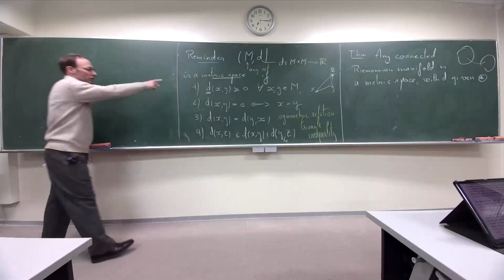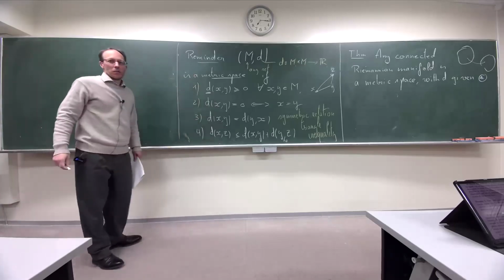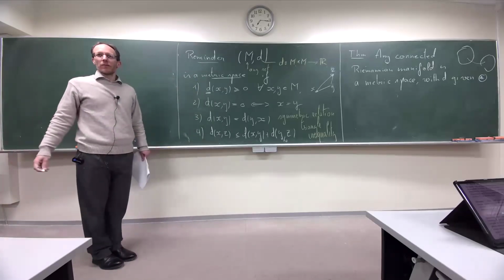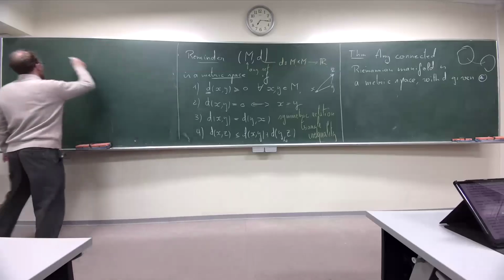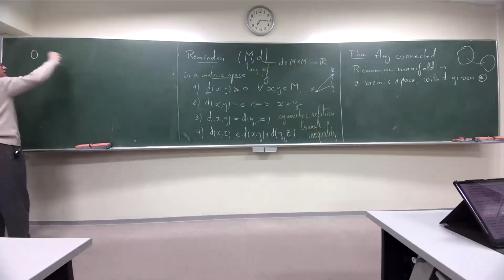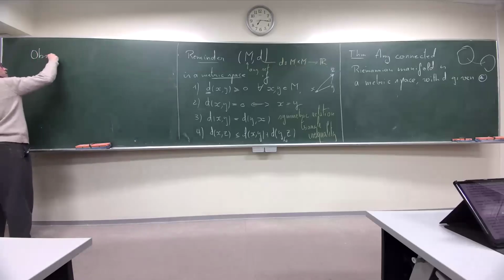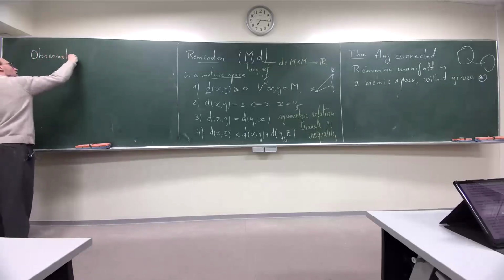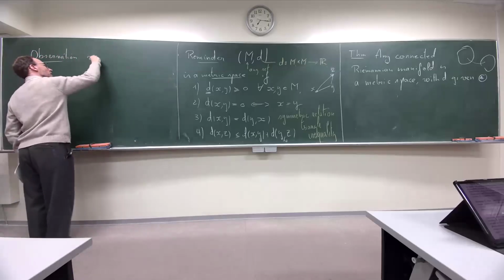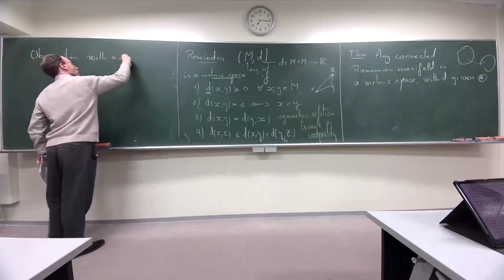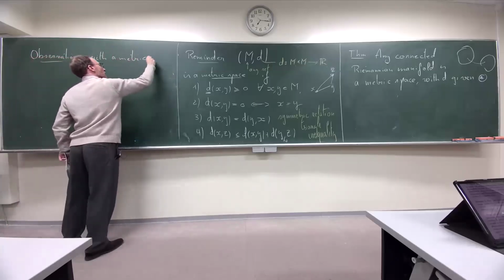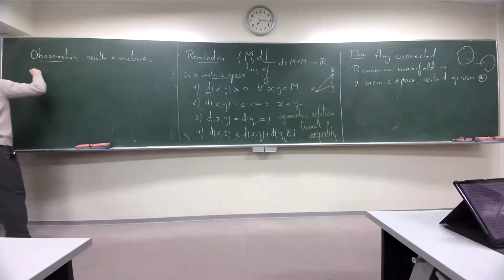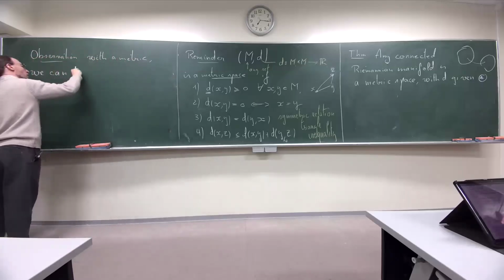But when you have such a distance, what can you do? You have balls. So observe, it's an observation. I will finish the statement in a second. Observation: with a metric, we can define balls.